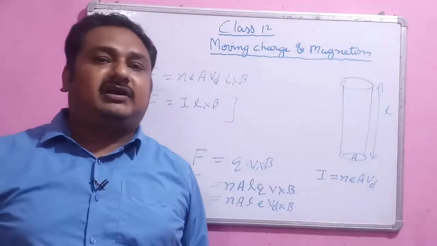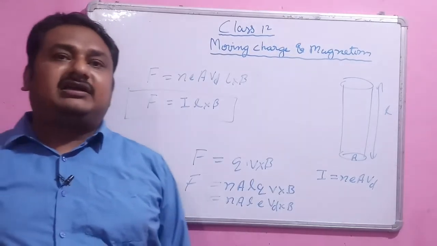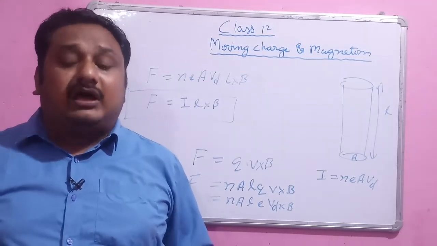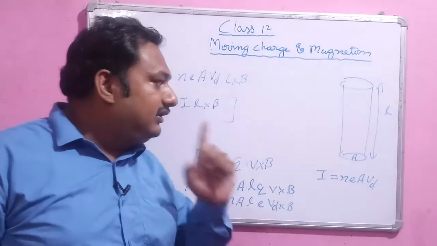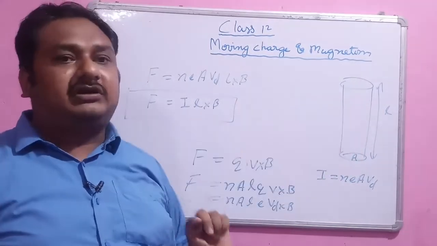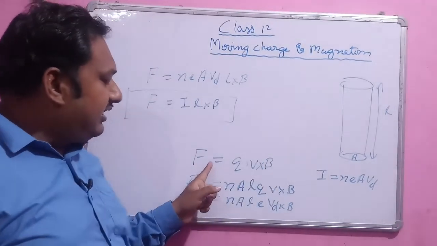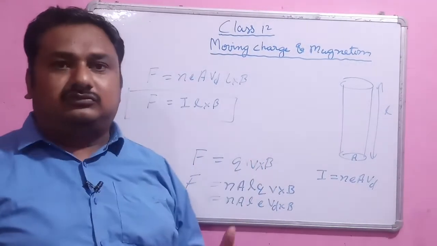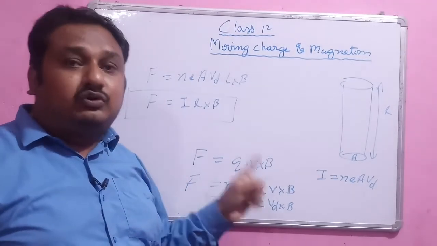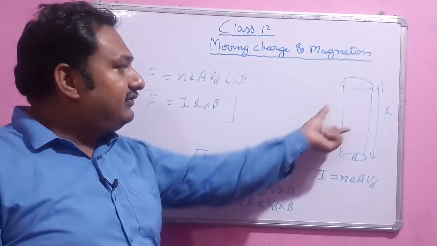When a straight current carrying wire in which current I is flowing is placed in a field, what is the magnetic force that it will experience? Firstly, we calculated the total charge present in the volume of the conductor, that is the number of charges into the volume. Then we know the formula F equals q v cross B. Here q stands for the total charge, nAL into e, present in this volume.